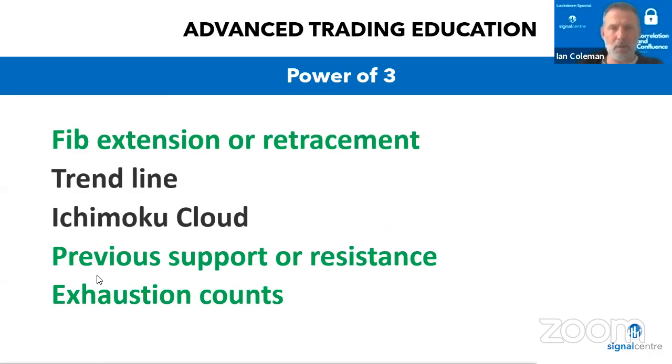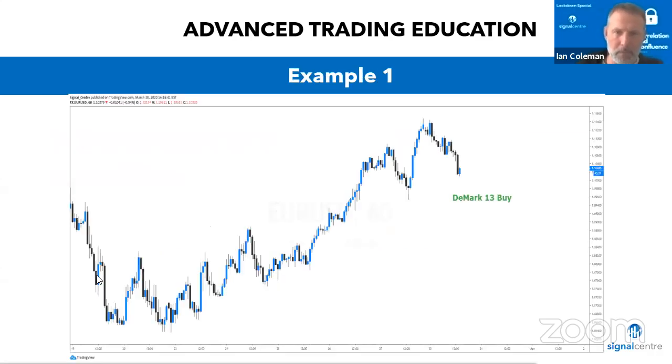Now, I mentioned before when we're talking about confluence areas, I want 3 or even more reasons to have an area or a zone where I want to get long or short of a product, but I want a minimum of 3. So I've highlighted 3, maybe a fib extension, a previous support, and an exhaustion count. If we can get 3 of those out of that product basket, then I'll be quite happy.